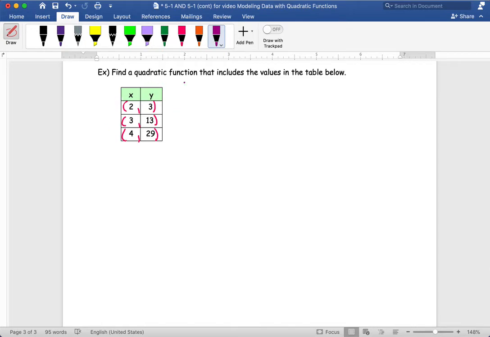All right, write a quadratic function that includes the values in the table. Well, folks, I have to use my model. Y equals ax squared plus bx plus c. I know what y is and I know what x is.